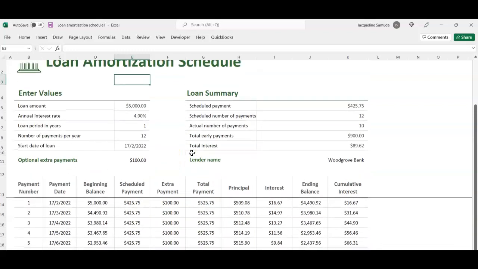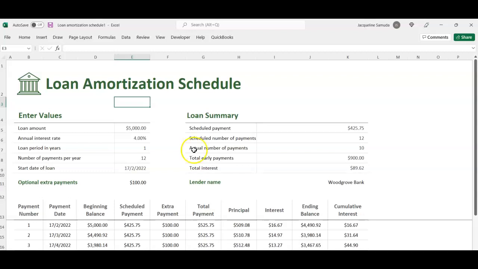It will be one per month, essentially. So the summary will be over this side. It will tell you what your monthly payment is, how many of them you have to make, and what is the total interest. This is always the worst part. How much interest you'll be paying back to the financial institution at the end.